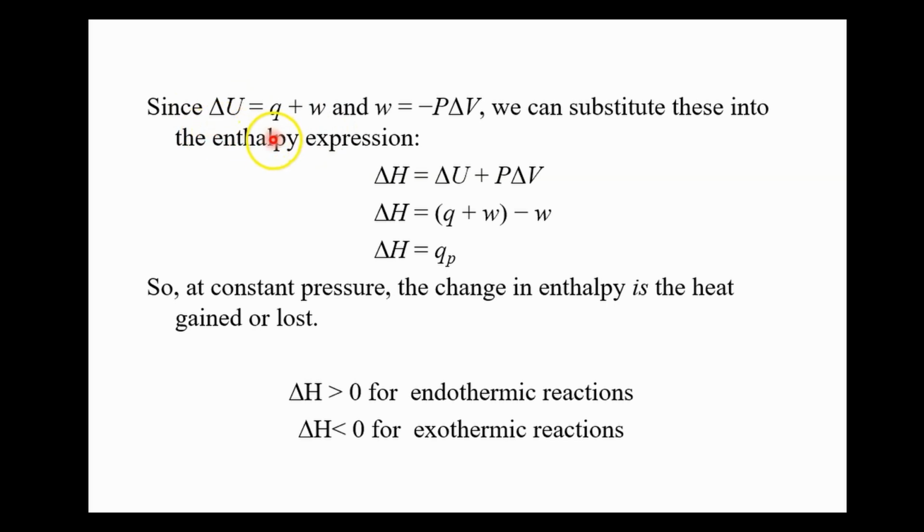Change in internal energy is equal to heat plus work, and work is equal to minus the pressure times the change in volume. We substitute that into the expression here, and we get something that looks like this. And then if pressure is constant, after this algebraic magic, we get this when pressure is constant.